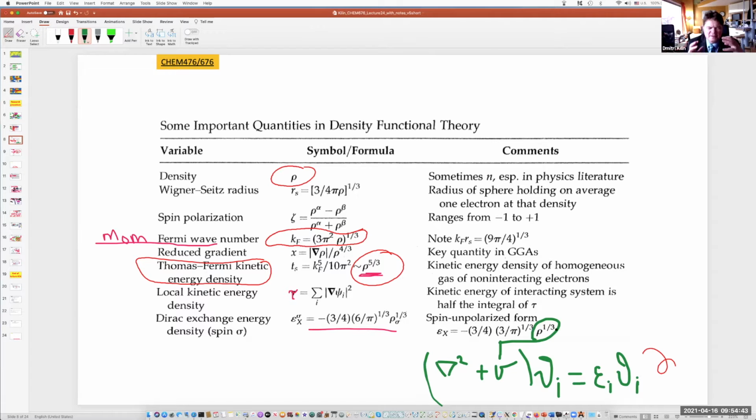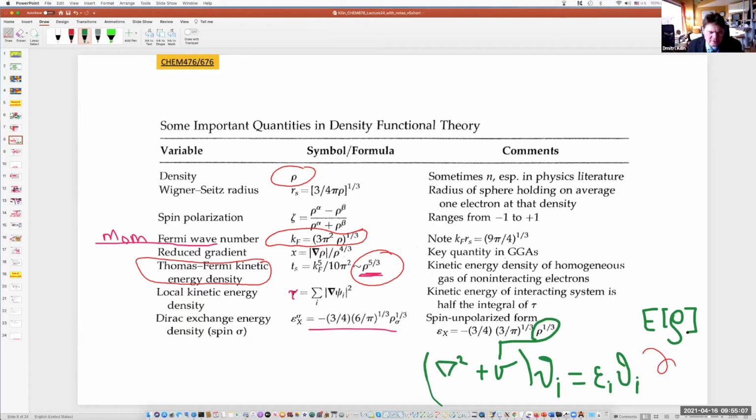There is a group of researchers who are designing explicit expressions for energy as a function of density, and for this activity they have certain abbreviations.